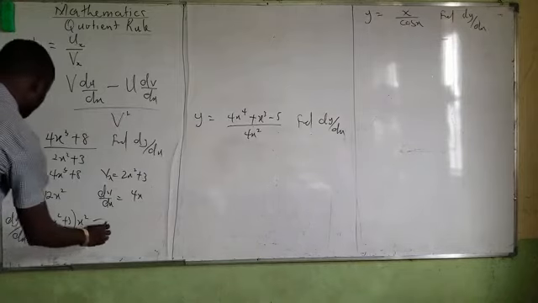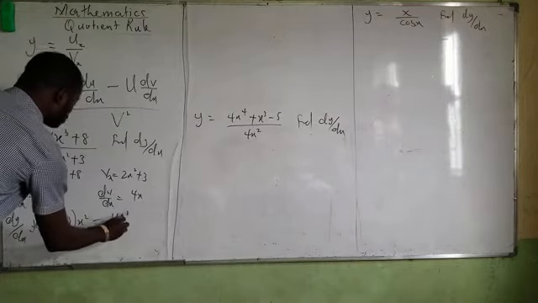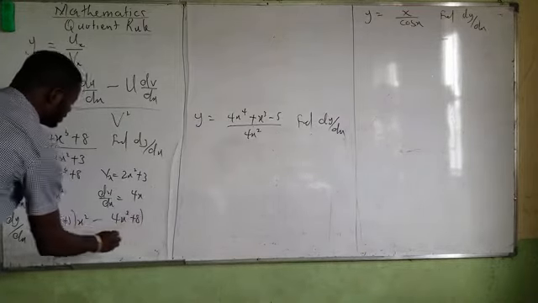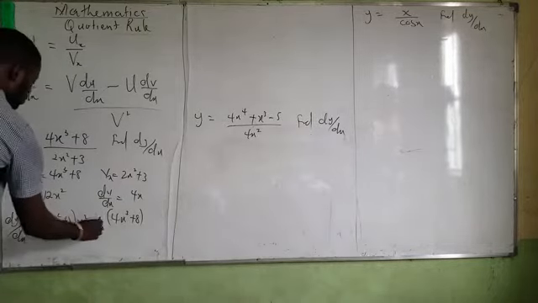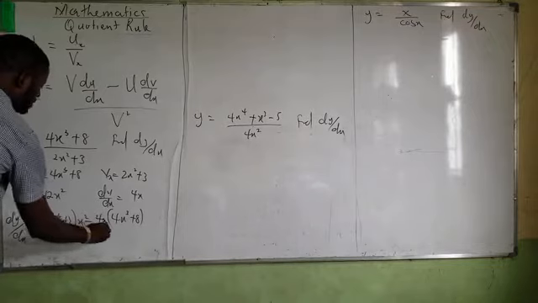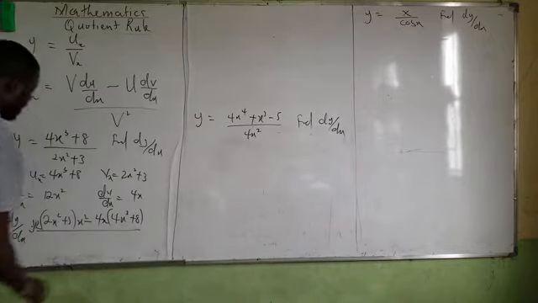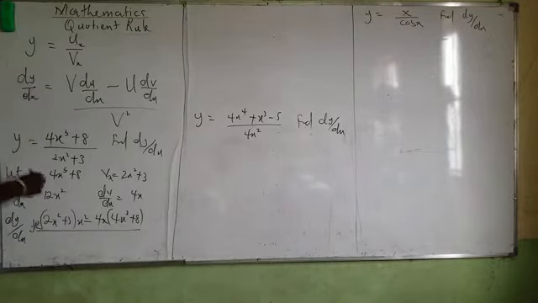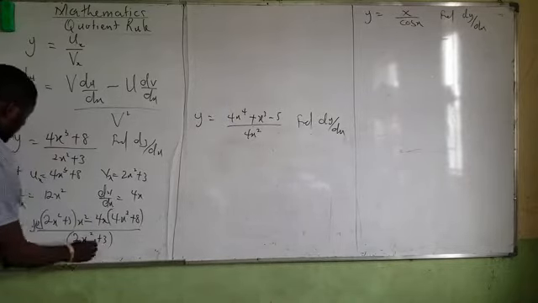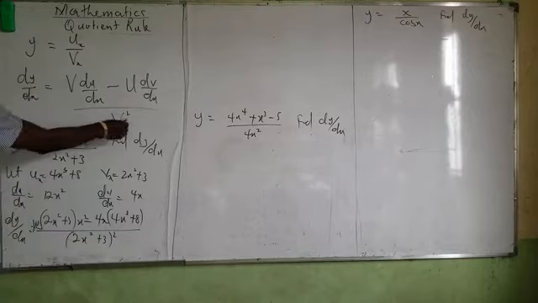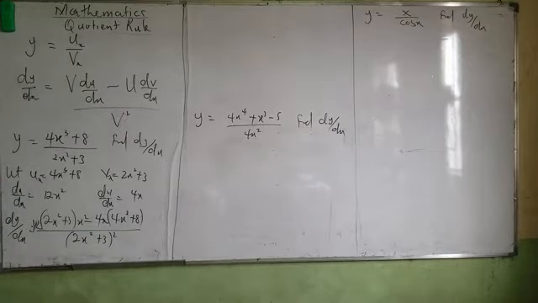My u is 4x cubed plus 18. My dv/dx is 4x, divided by my v, which is 2x squared plus 3, all squared, because of the square here. That is all. Now, successfully, I've differentiated this. If I want to show that I know book, you can factorize, which I will not be able to do for you.